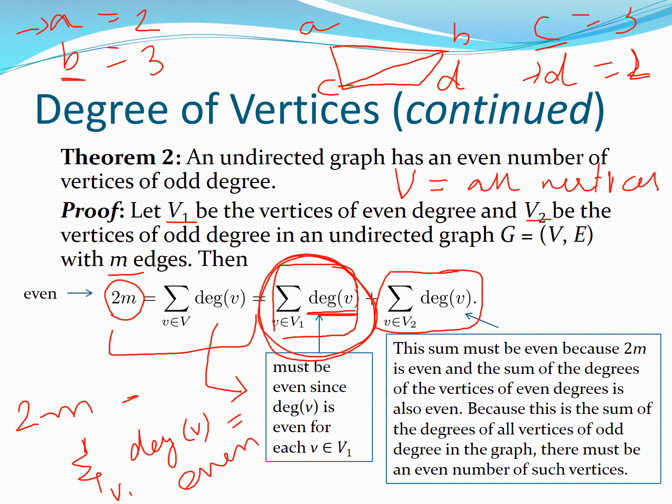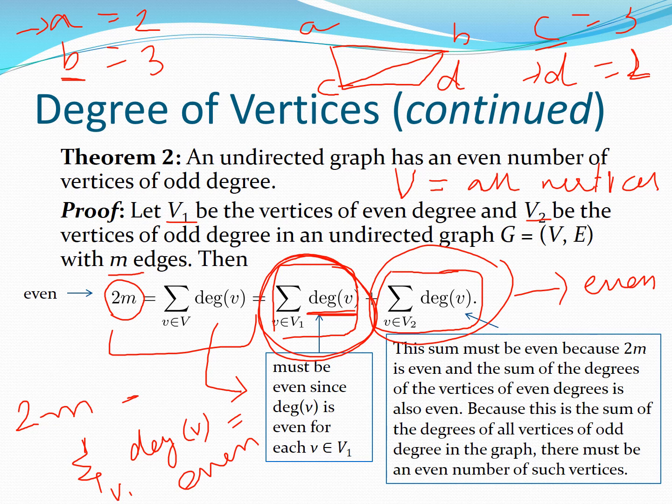Then the right-hand side of the equation contains only the sum over the odd-degree vertices, and the left-hand side should be equal to the right-hand side. So this should also be even.